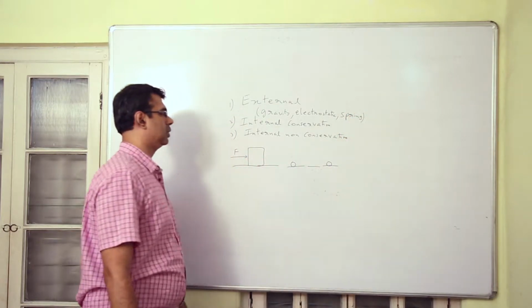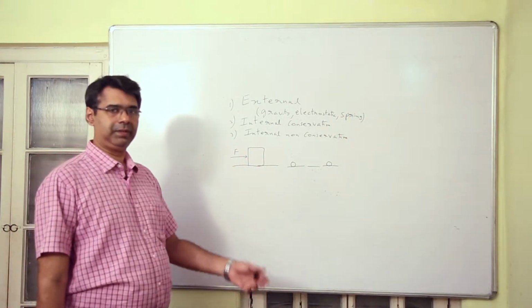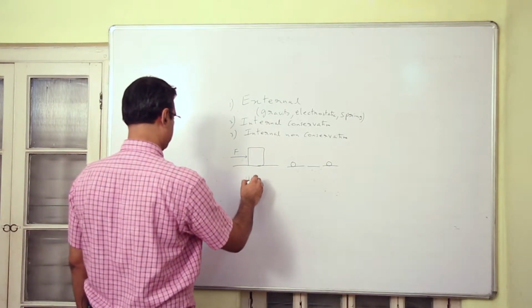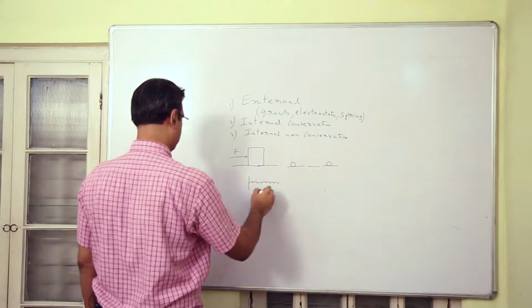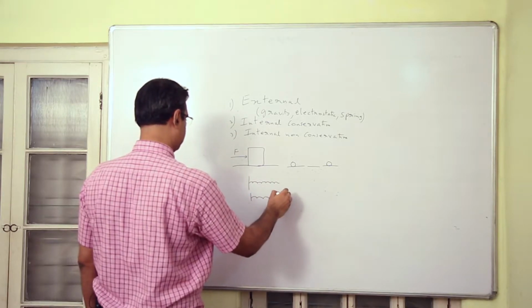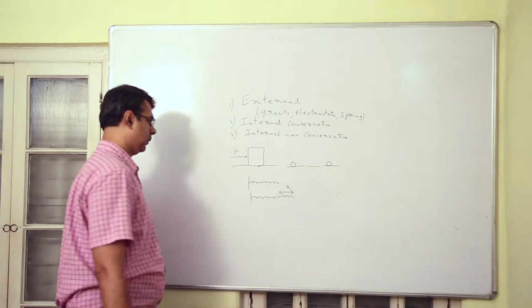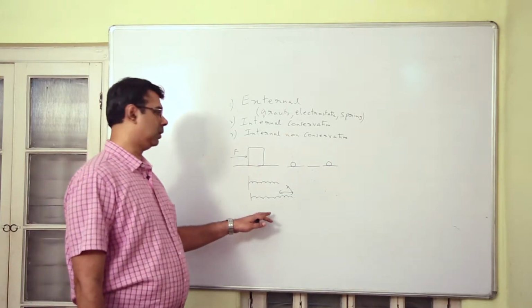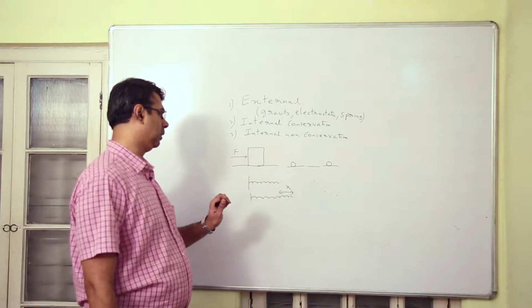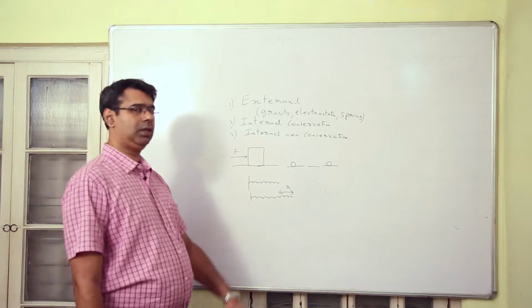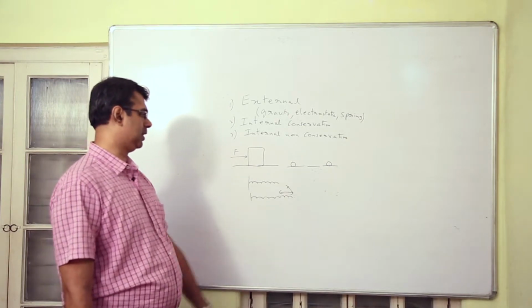Now, spring force we have not discussed previously. Spring force is basically the restoring force in a spring when it is either elongated or compressed. Let's take one example. If you have a spring which is in its natural length, now the spring has got extended by a distance x.